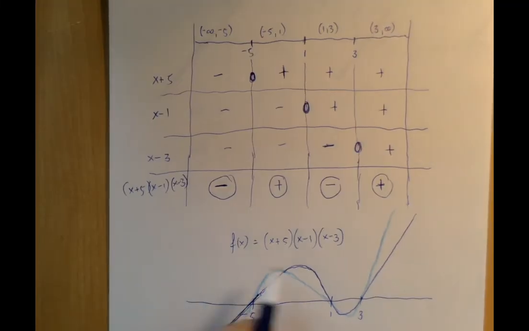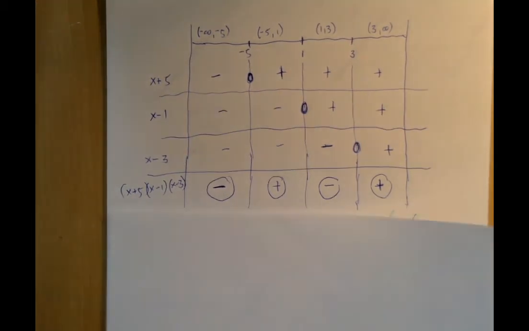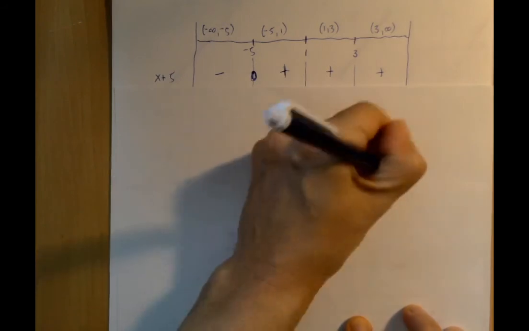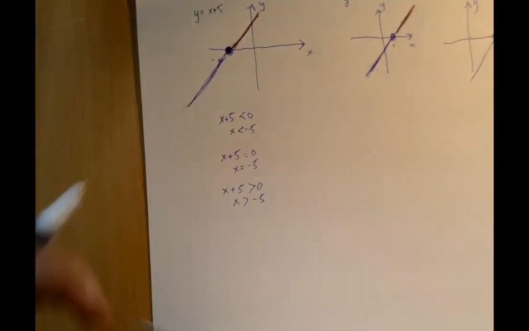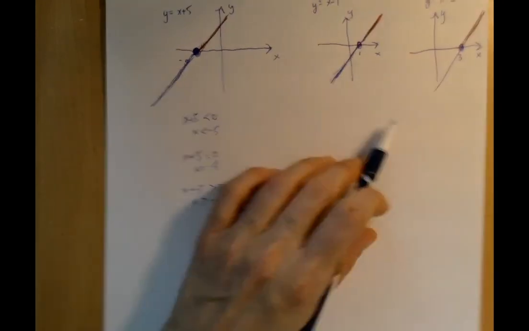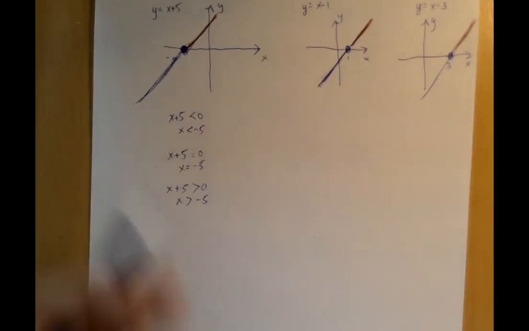Now that we graphed our polynomial, I'm going to show you one more trick. The table is really not a method of computation. It's just a method of organization, how we keep our information organized. Unless the degrees are too high, we can actually just do it visually. So what we're going to do is we're going to graph these three in the same coordinate system, and then we're going to count the negative and positive signs on the graph.